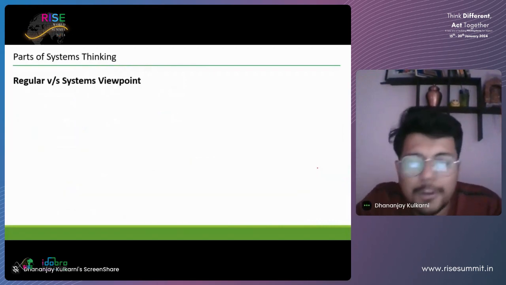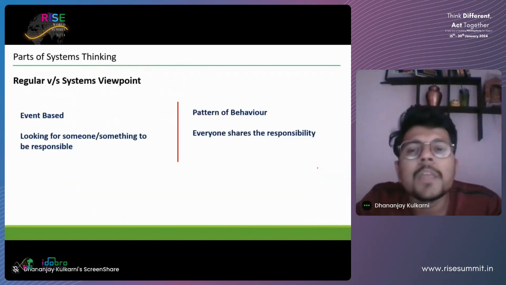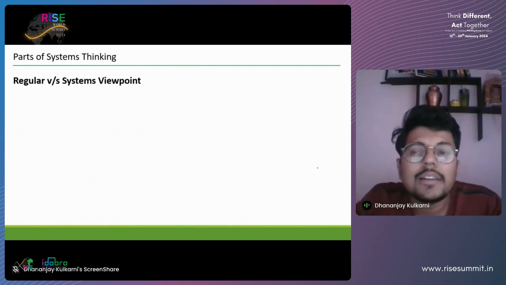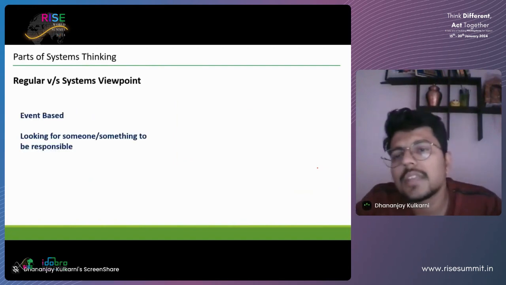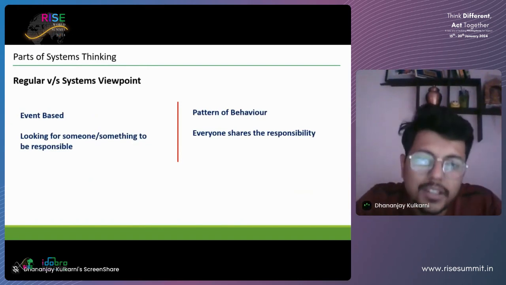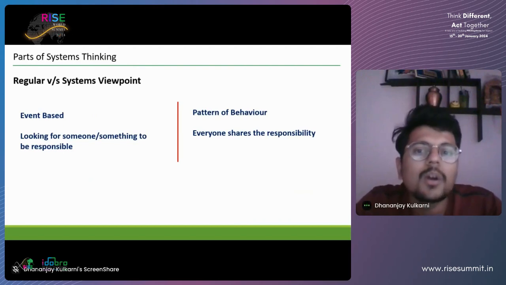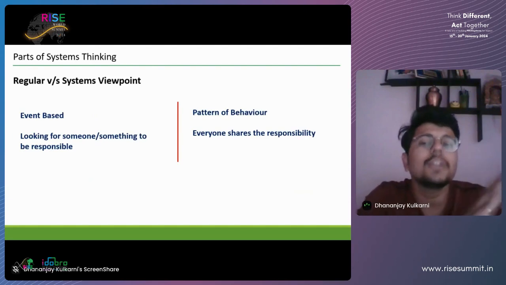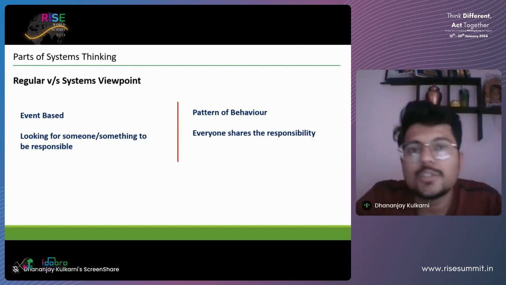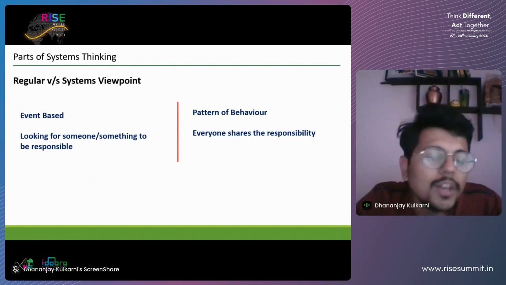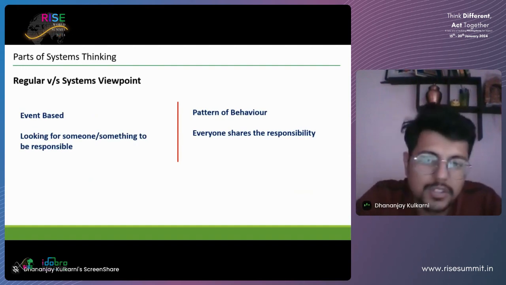So this kind of behavior becomes very easy to understand with systems thinking, the causal loop diagram and feedback loops. Okay, so one benefit of systems thinking is that when you try to understand the different elements and how they are interacting with each other, you are not keeping the responsibility with only one person. For example, in a linear viewpoint it's very easy to look for someone or something to be responsible, right?